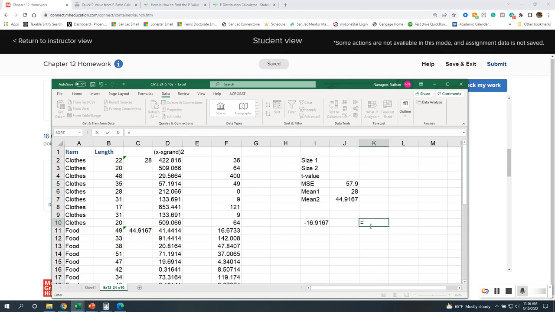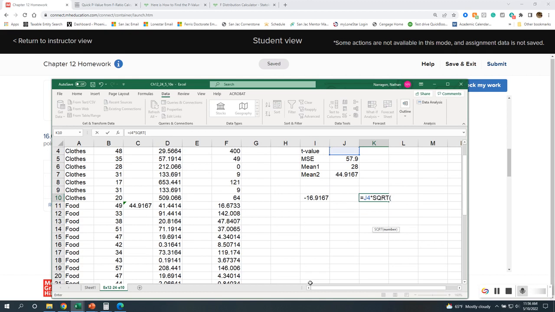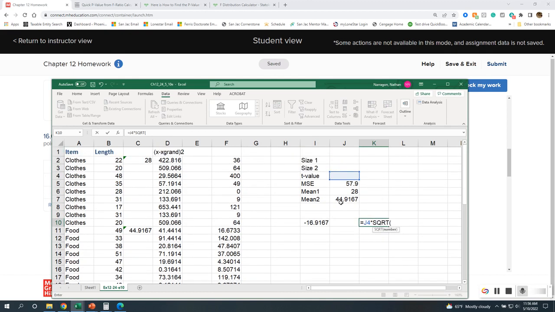Then equal now to our t-value, multiply the square root of our MSE, multiply by 1 divided by sample size 1 plus 1 divided by sample size 2.